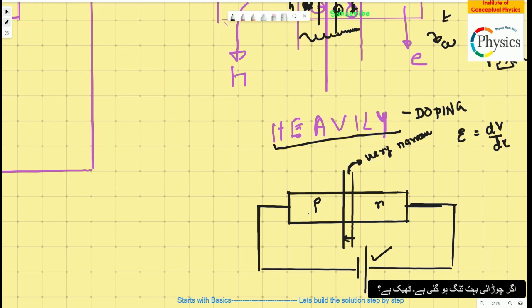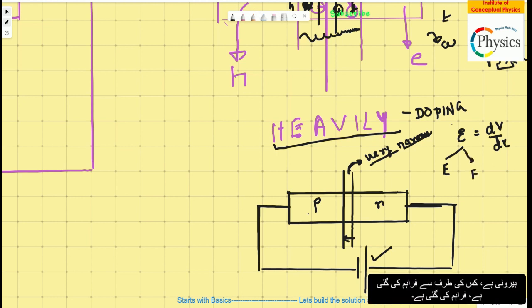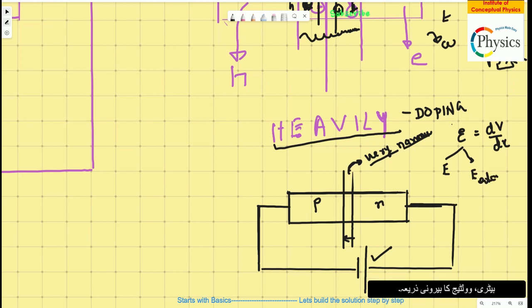If the width has become very narrow, the electric field is high, because the electric field is because of two reasons. The internal electric field is because of the depletion layer. The electric field which is external is provided by whom? Provided by the battery, the external source of voltage.